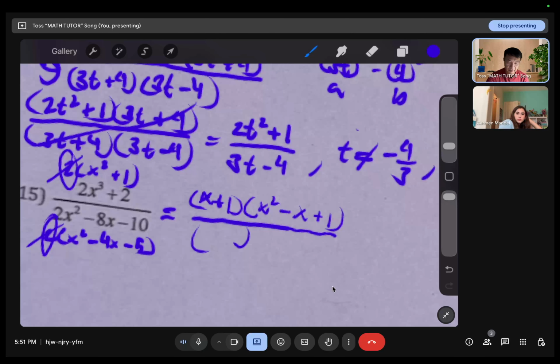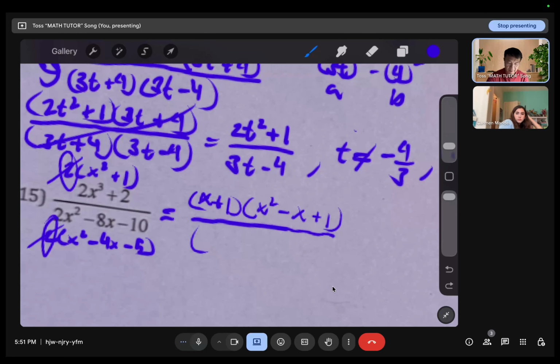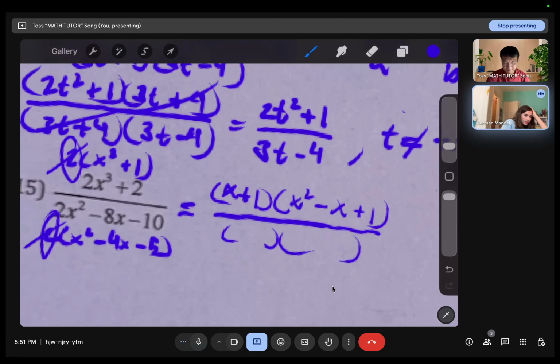But then continue with the trinomial on the bottom because it's factorable. Is it? Yeah, it is. It can be 5 and 1. It's going to be x minus 5 and x plus 1.